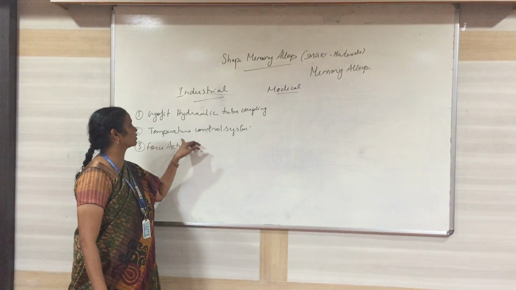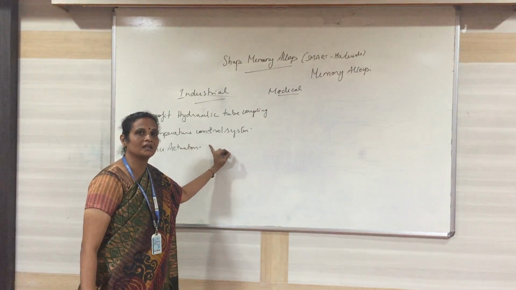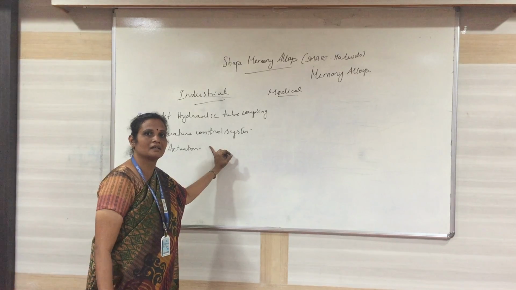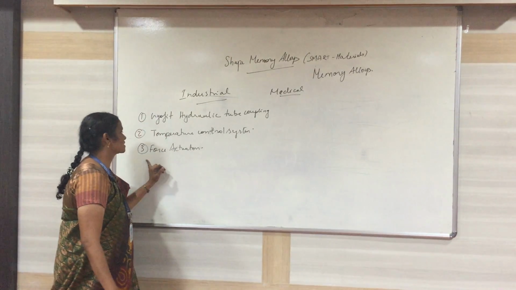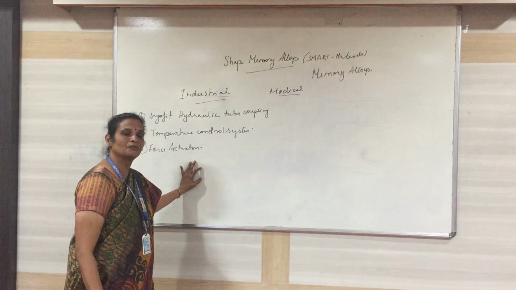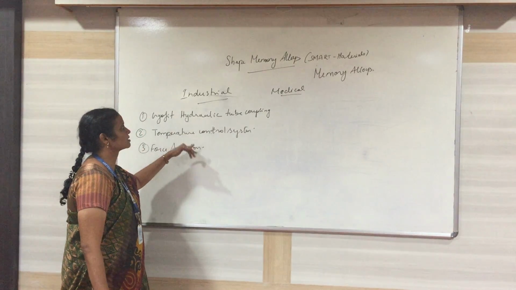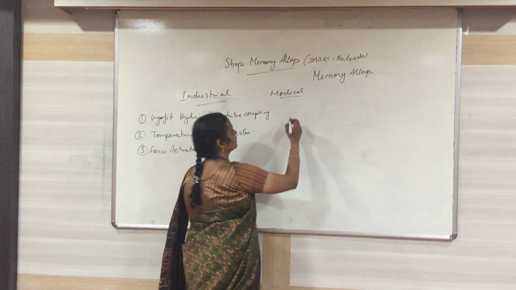Second, temperature control systems are used in switches or as variable resistors for controlling system devices. Next, force actuators are used to shut off flammable toxic gases due to their temperature variation. So this type of application we can see on the industrial side.